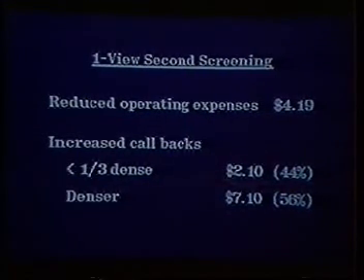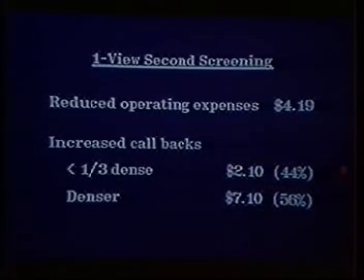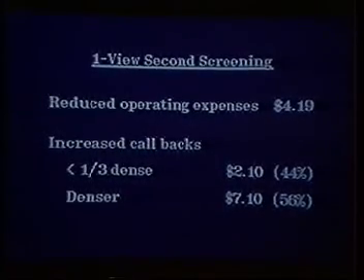You will find some increased callbacks in this group, still a very small percent, but you will involve a much larger segment of the patient population, so that although you will only save $2 per patient, you'll be saving this money for almost half of the women. So it turns out that this strategy saves almost $1 per patient, where this one saves only about 50 cents a patient.